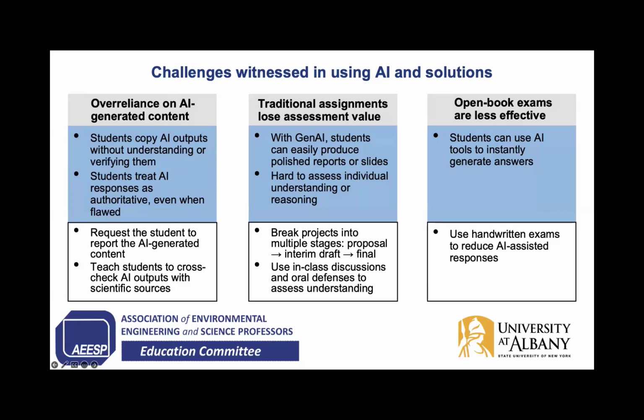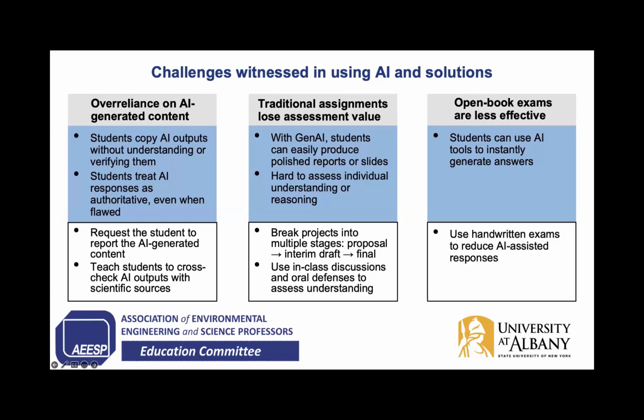Another challenge is that traditional assessments like reports or presentations can lose some value when students can generate polished content directly with AI. To address this issue, I use the same methods the other panelists have mentioned: we do iteration to help check the progress of the students.